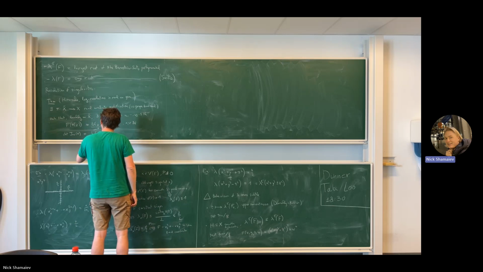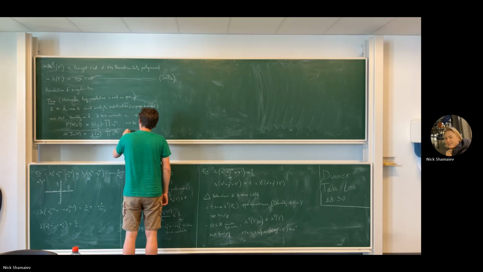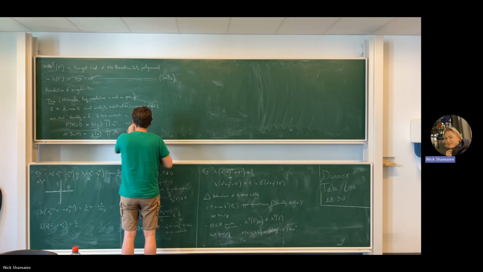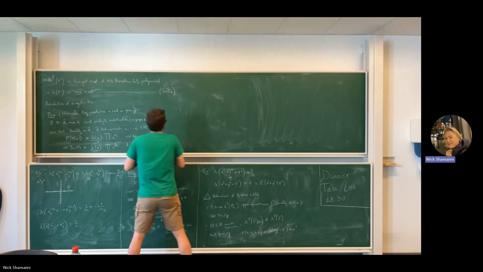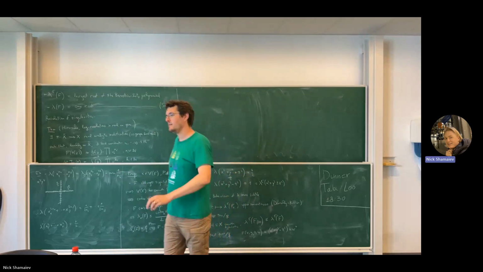This is a unit times the product of ui to the ki. Okay. So it's what's called local monomialization, right?